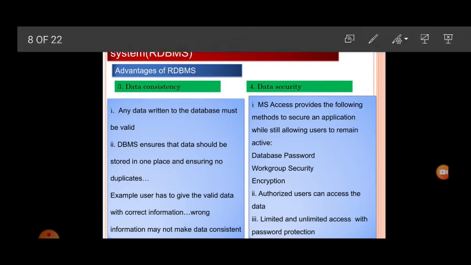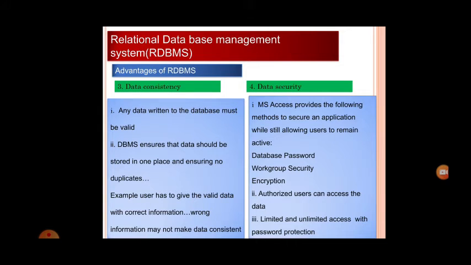Wrong information may make the data inconsistent, so the data will not be a correct one. Instead of giving my name, I can't give 1 2 3 4 5 6 as a number. It won't make the data valid.